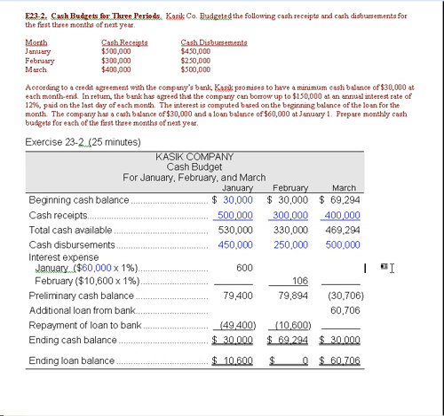And that gives us a preliminary cash balance of $79,400. All right? So once we've computed that, then what we want to do is repay what we can to the bank, and we have a policy to end each month at what, $30,000? A minimum of $30,000.